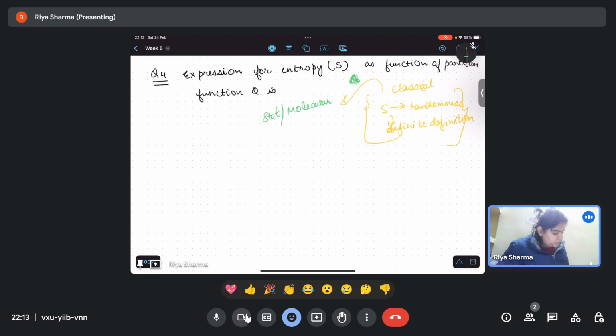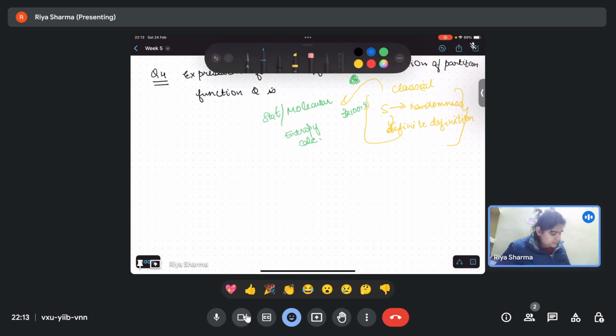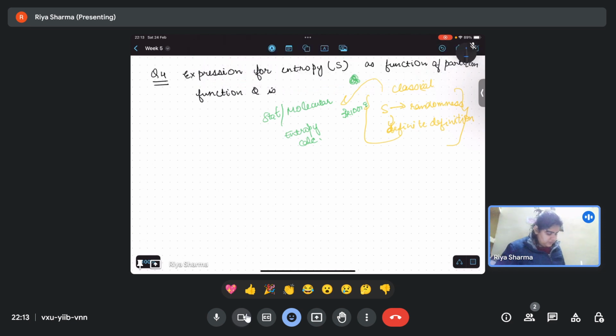And it actually also tells the entropy calculation. So it's a bridge. Partition function is a bridge for any possible thing.